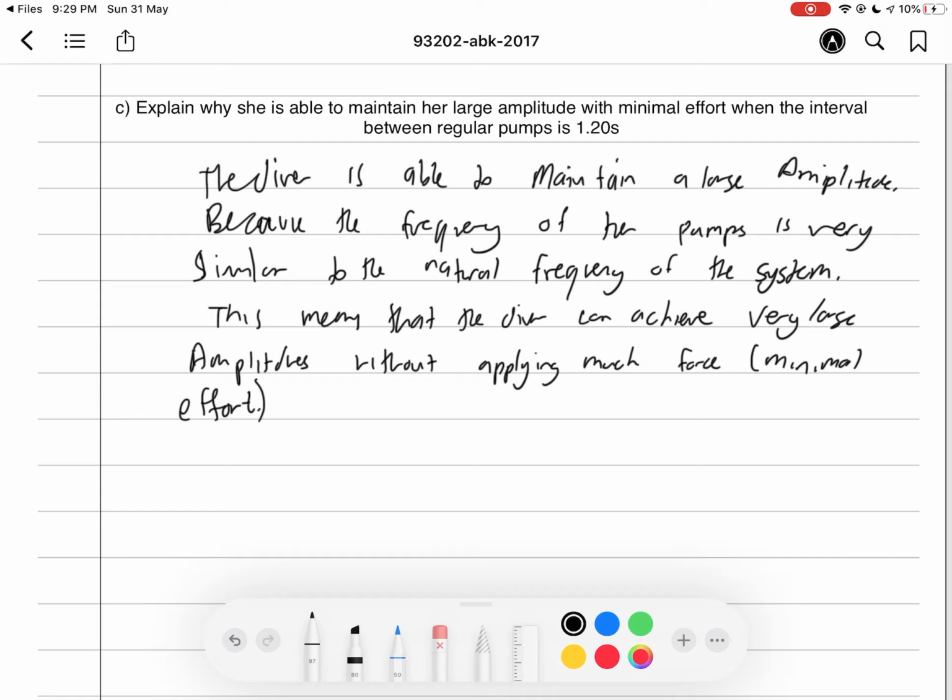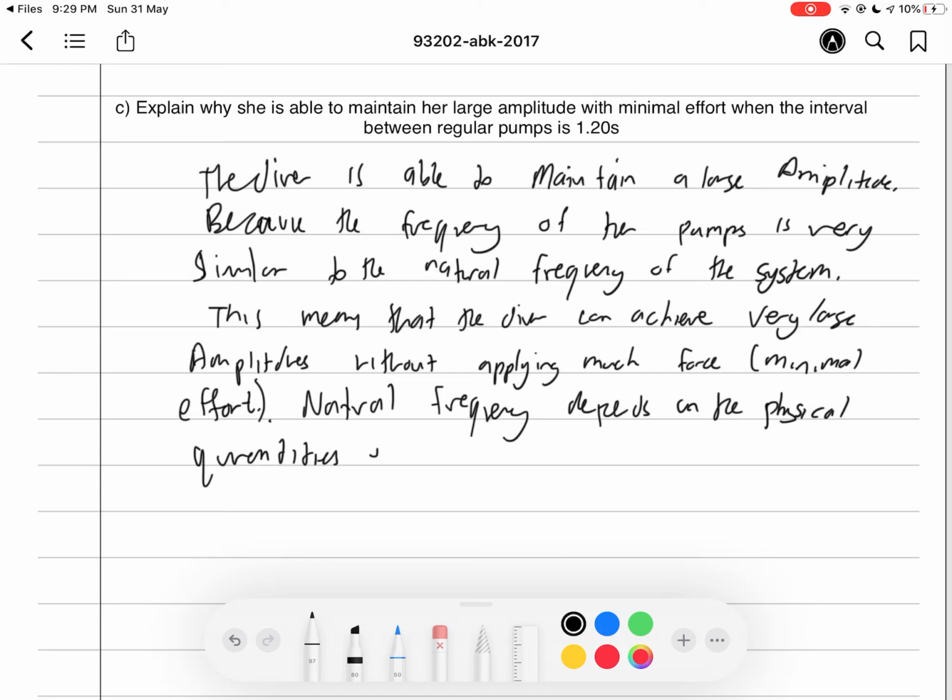If you want to go a bit further, you can say that the natural frequency depends on the physical quantities of the system. For example, what material the plank is made of. Even a different mass of diver jumping on the board is also going to give a different resonant frequency.